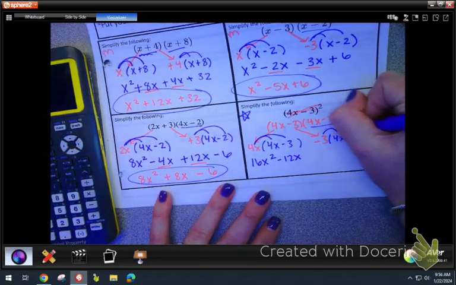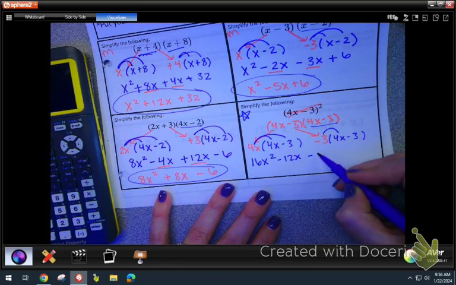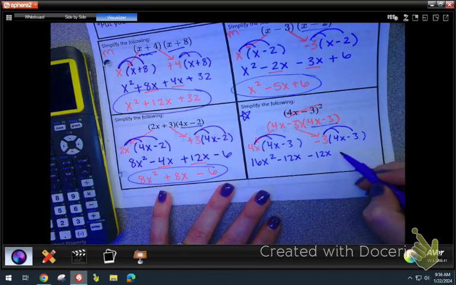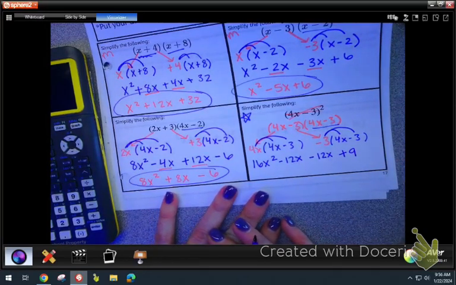Negative 3 times 4x. There's a repeat there. What's that, Miles? Negative 3 times 4x. Negative 12x. And then negative 3 times negative 3. Negative times a negative. It's a positive 9. So it still turns into 4 multiplications.